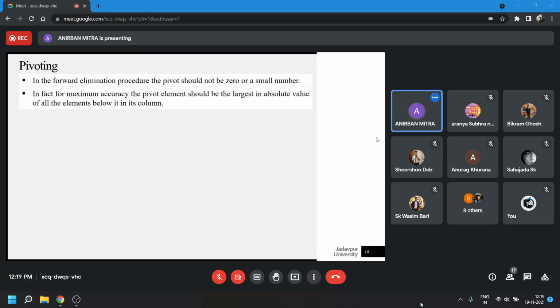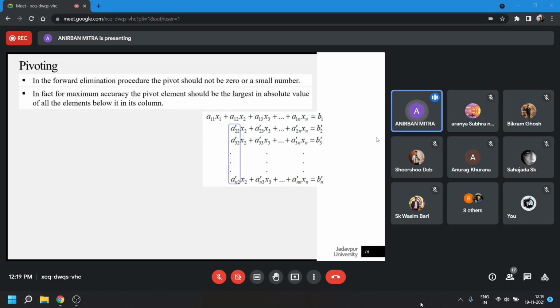Now, how do we ensure that this should happen always? So this is the set of equations. One forward elimination step has already been performed. So now in this intermediate step, let us look at the coefficients of the unknown x2. So you have a22 dash, a32 dash, like that.